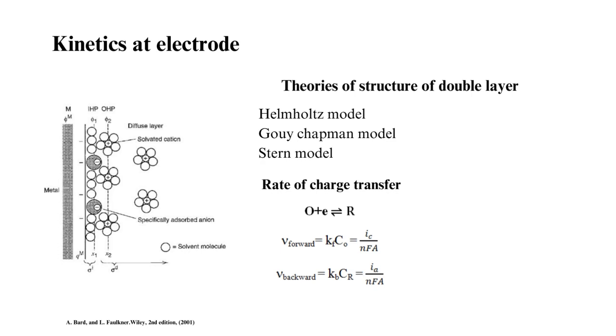That is, the current at the cathode is nFA, where F is the Faraday constant, A is the area, and n is the number of moles participating, where C_O is the concentration of the oxidized species and C_R is the concentration of the reduced species. k is the rate transfer constant.